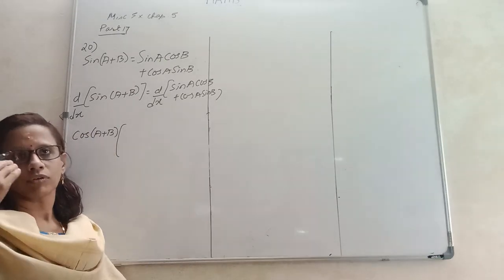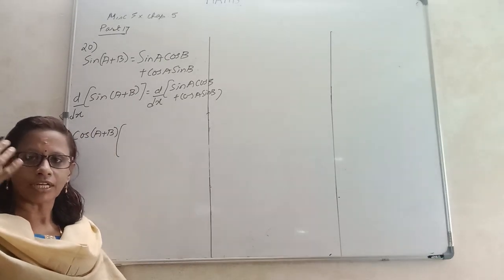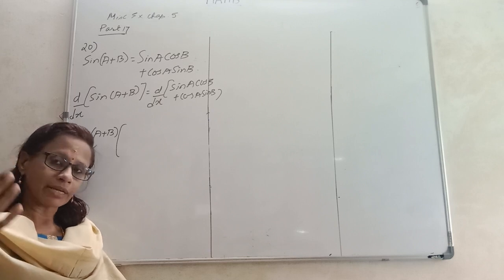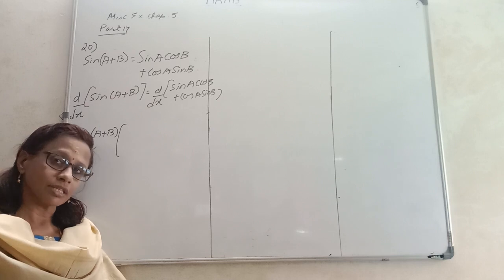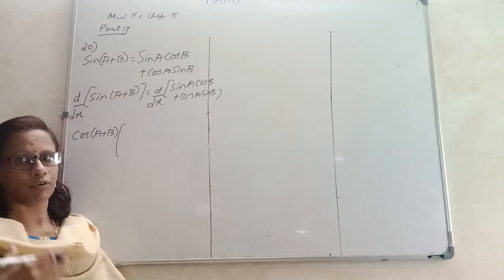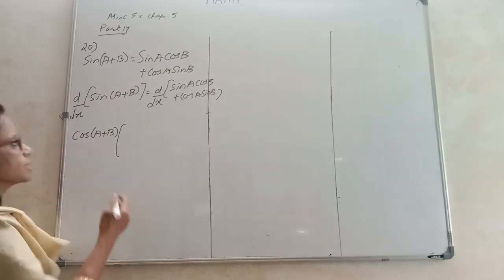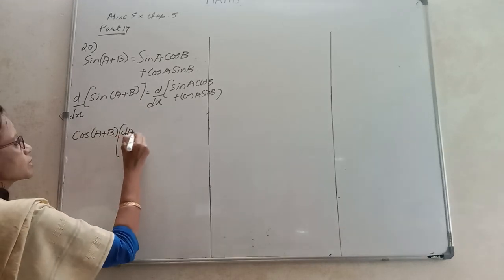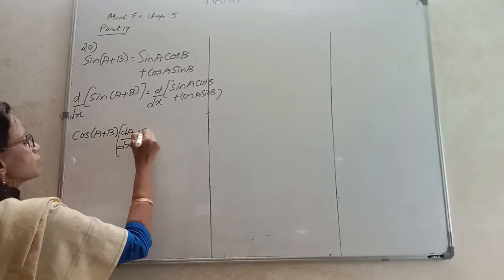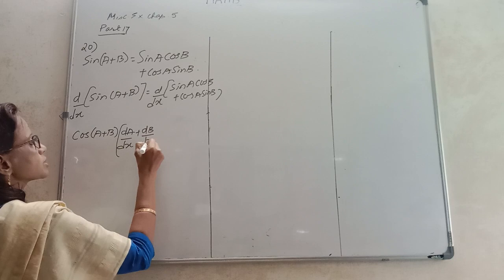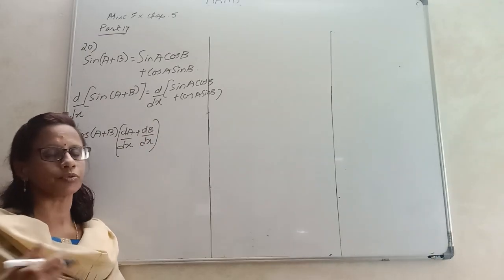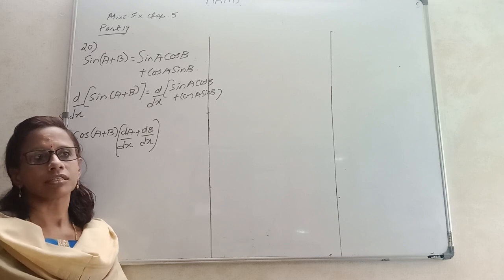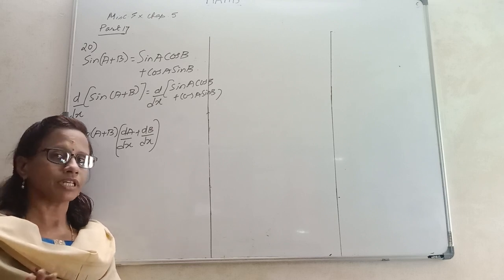If you have a function and the accompanying variable may be differentiable, you have to account for it. So we write the derivative of A with respect to x plus the derivative of B with respect to x. We are not clear what A and B are, it could be a function or just a variable, so we account for it.